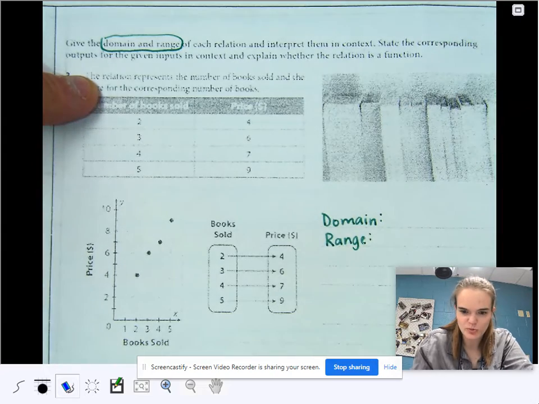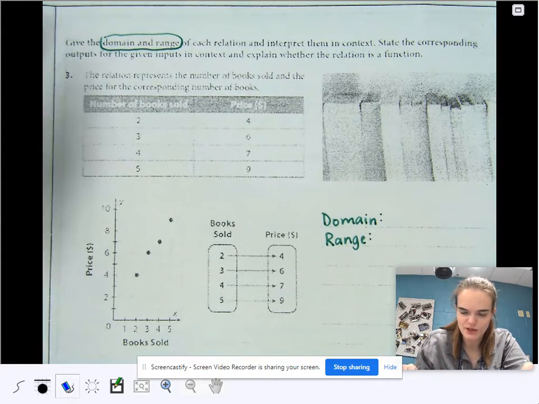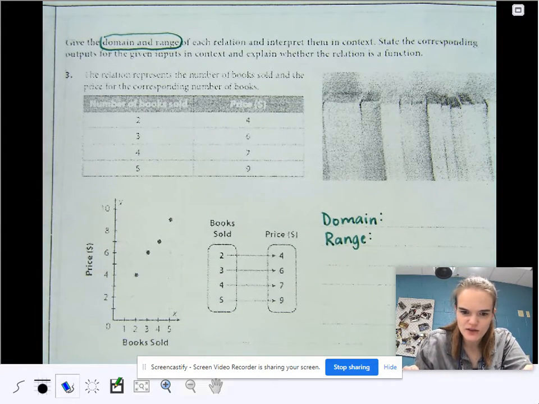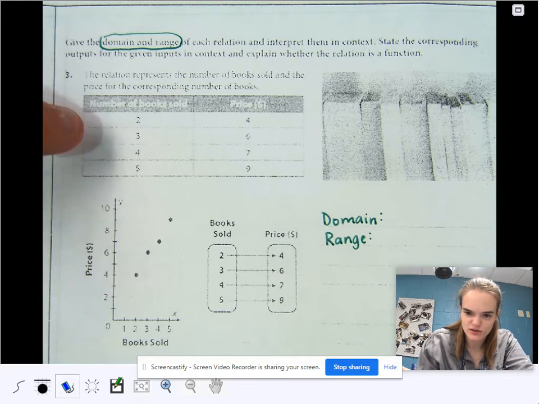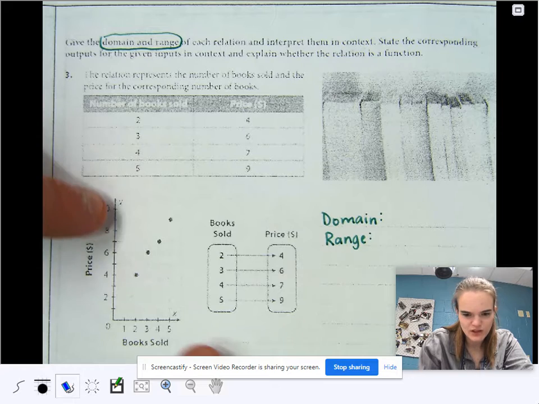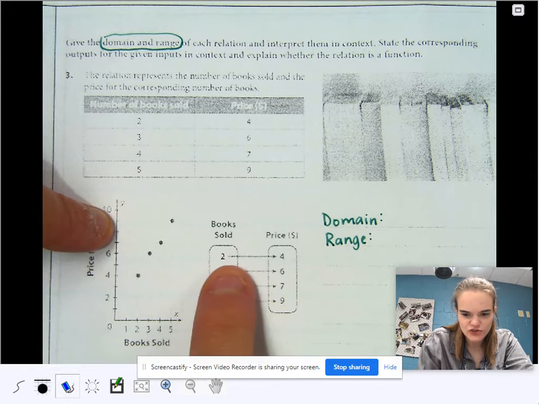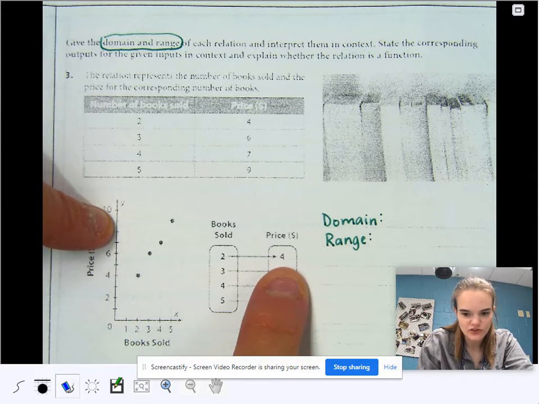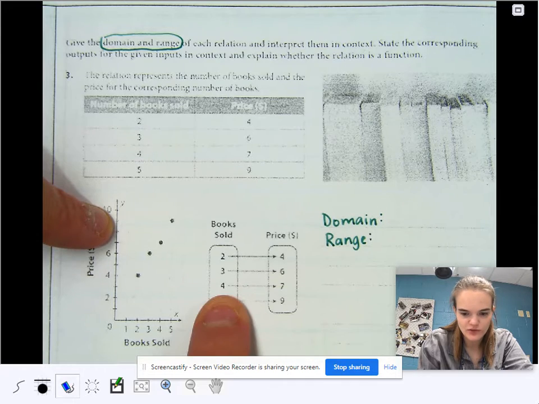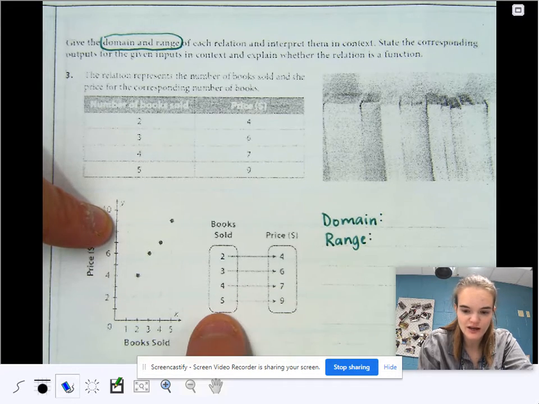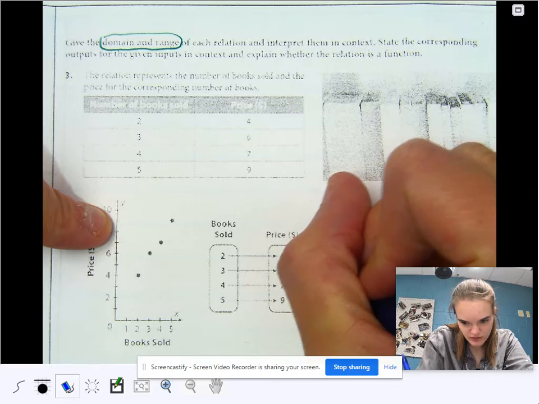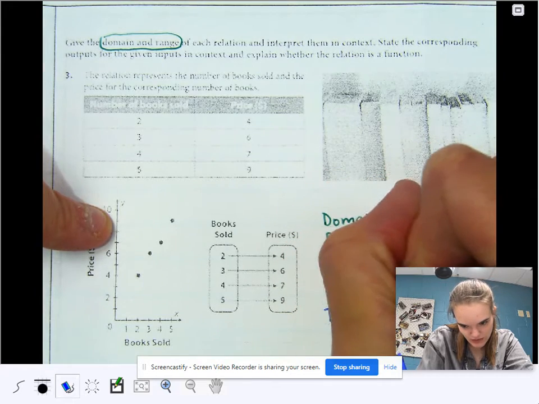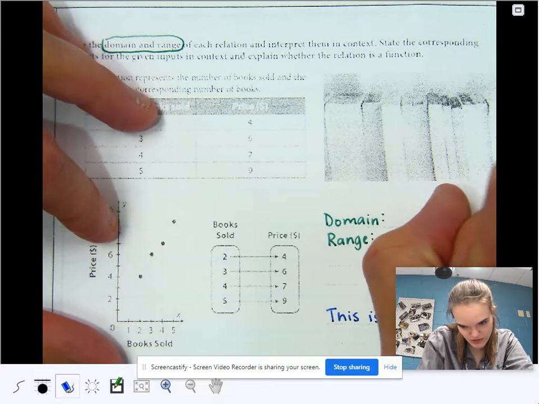Then it says interpret in context. We'll talk about what that means. And then it says determine whether it is a function. Well, let's go ahead and look at that. Does 2 go to one thing? Yes. Does 3? Yes. Does 4? Yes. Does 5? Yes. This is a function.